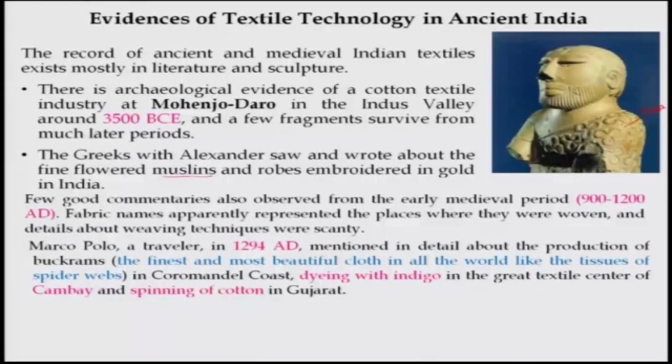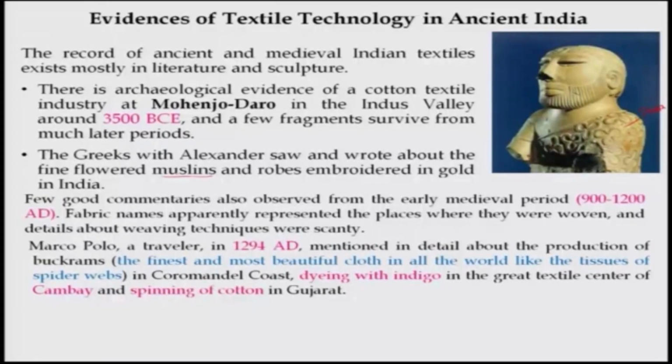And if you look at another traveler like Marco Polo, who came around 1294 AD, he mentioned the production of buckrams, the finest and most beautiful cloth in the world, like the tissues of spider webs, on the Coromandel coast, that is in the Deccan areas of Tamil Nadu, dyeing with indigo in the great textile center of Cambay, and spinning of cotton in Gujarat.